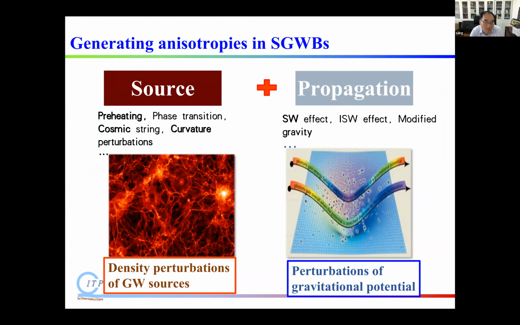One is from the source, for example preheating, phase transitions, cosmic strings, domain walls, and curvature perturbations, mainly from the density perturbations of the gravitational wave source. On the other hand, any anisotropy could also arise from the propagation of the gravitational wave, for example the Sachs-Wolfe effect. If gravity is not GR, for example modified gravity, you could also have anisotropies in the gravitational wave, mainly from the perturbations of the gravitational wave or the gravitational potential.